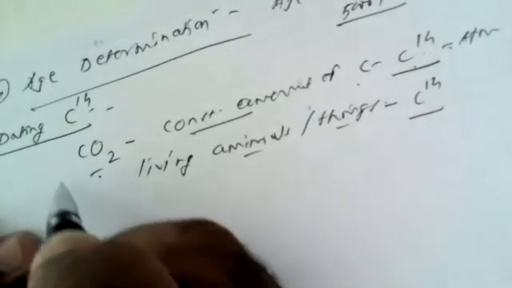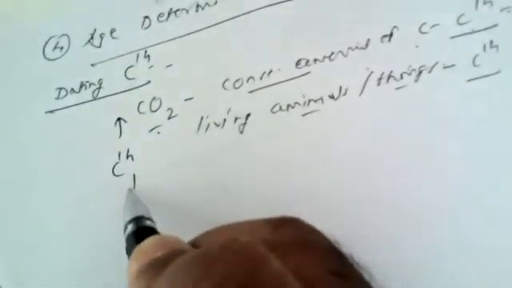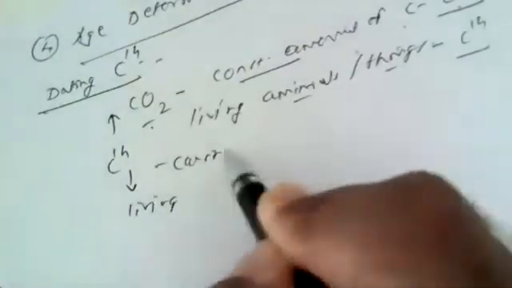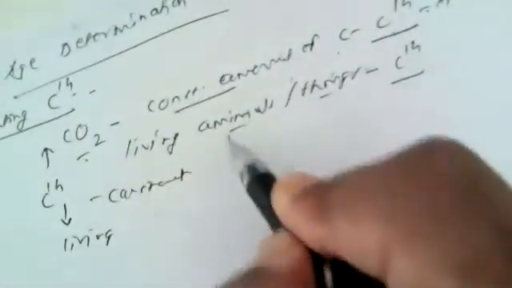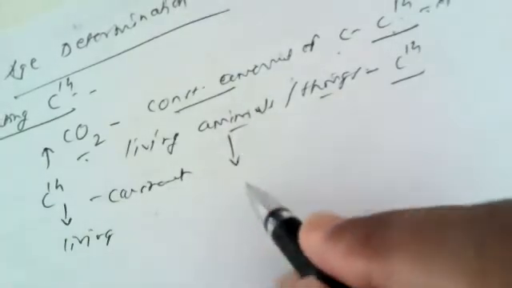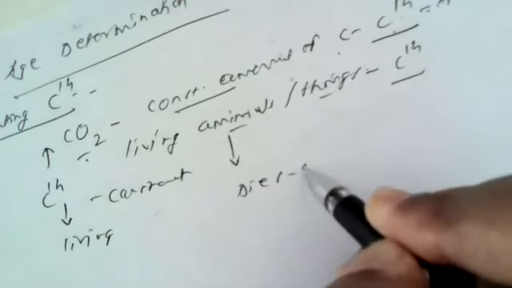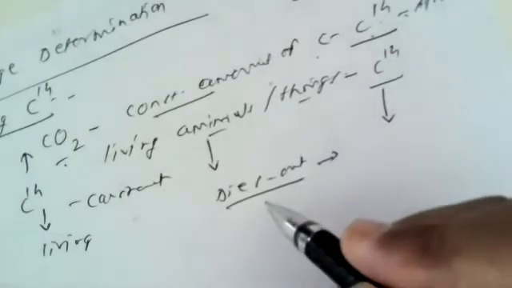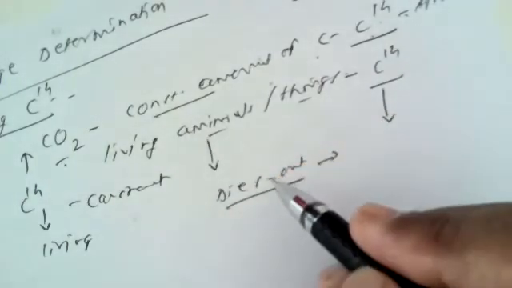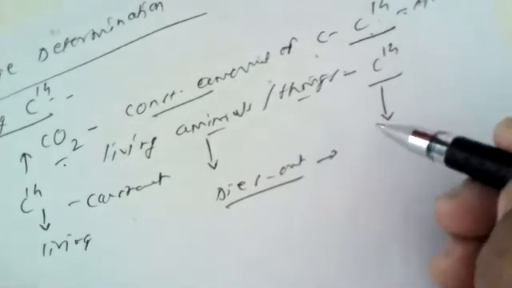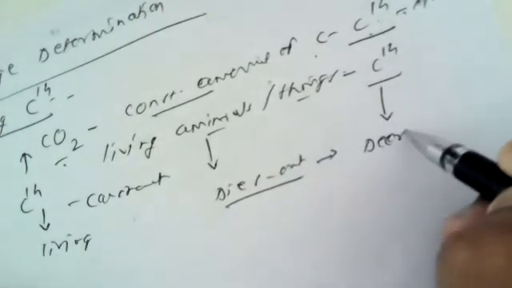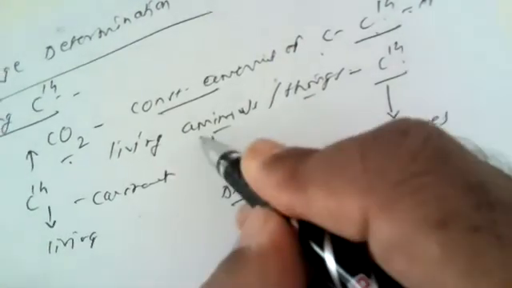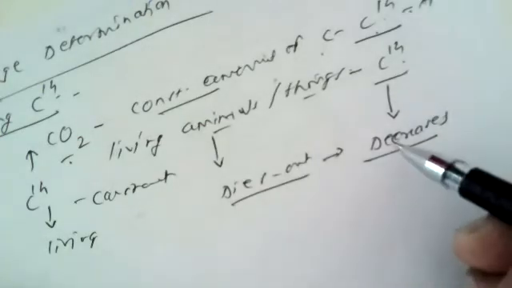That means the carbon-14 present in the atmosphere and the carbon-14 present in living things is a constant value. But when a living animal or human being dies, at that instant the carbon-14 present in the body starts to decrease steadily.